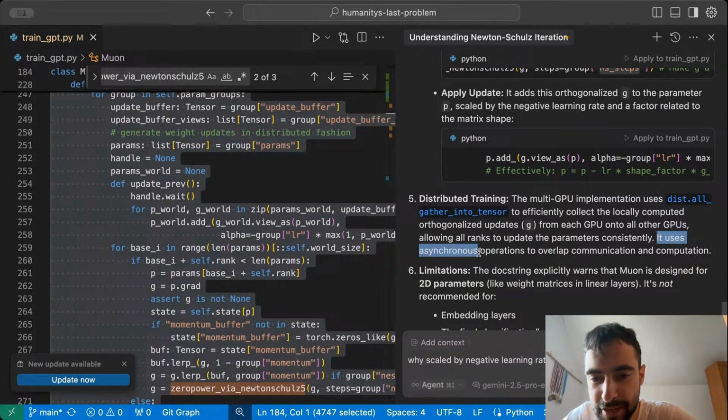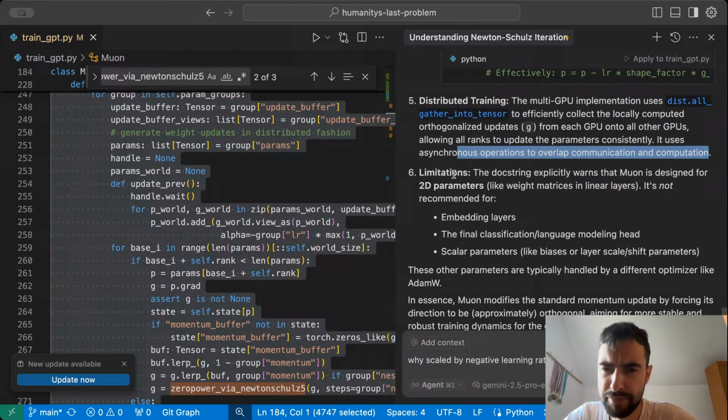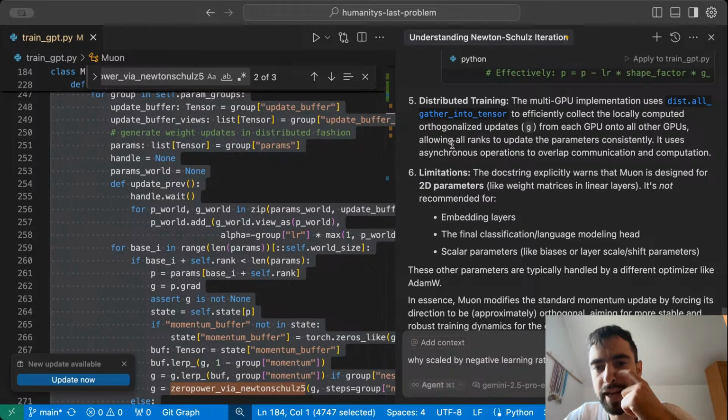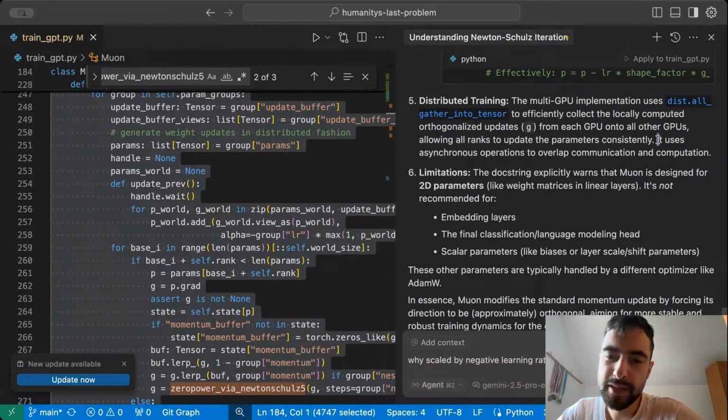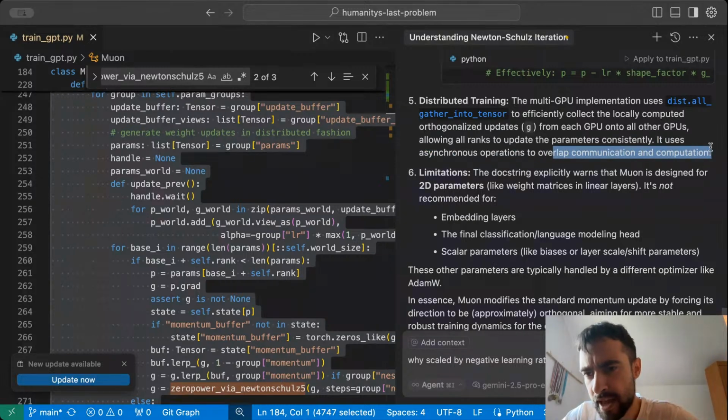It uses asynchronous operations to overlap communication and computation.